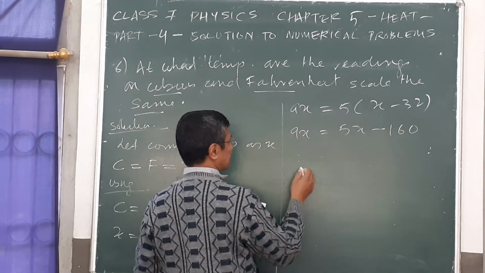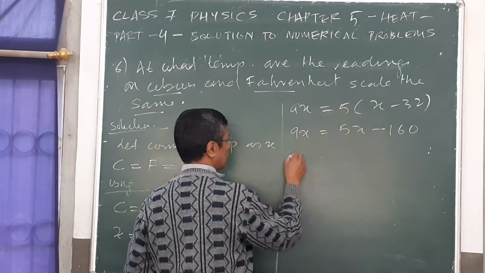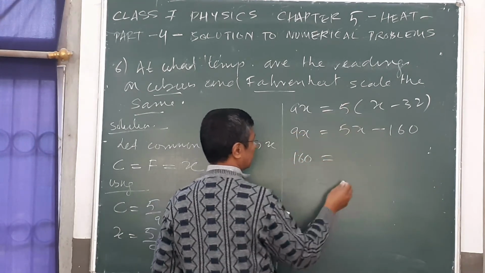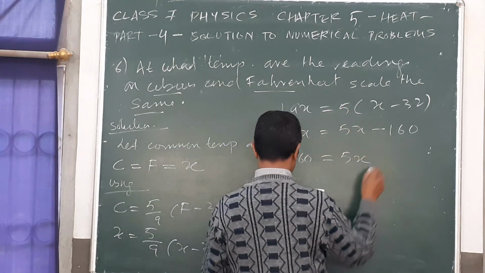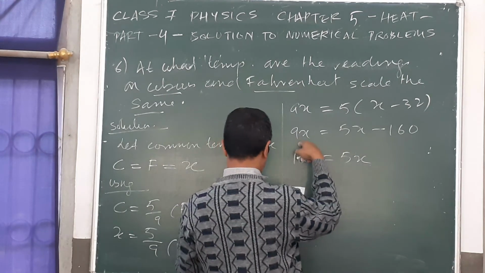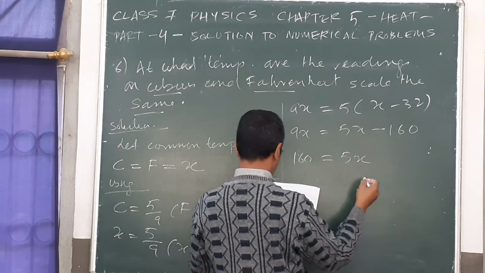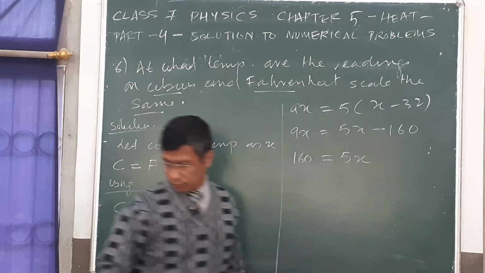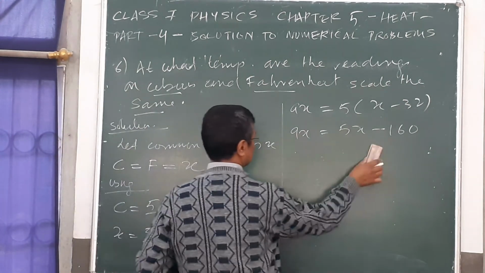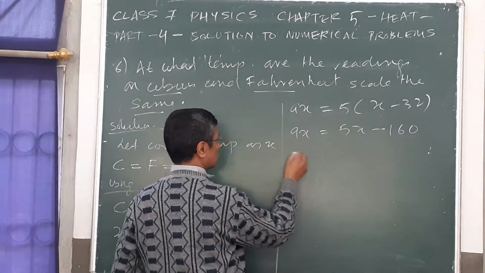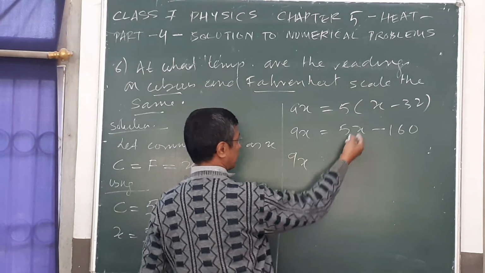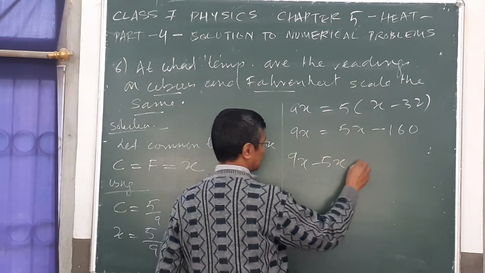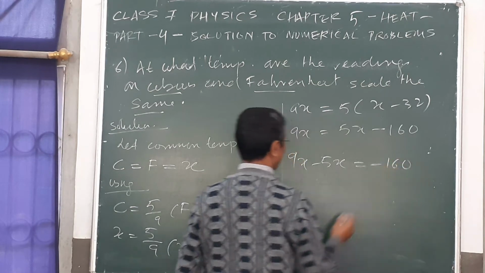Now, let us put x on the same side. Sorry, I think let us do it the other way around. Let's keep x positive. So 9x will remain here, 5x will come to the left, so it will become minus 5x, and it will be minus 160.